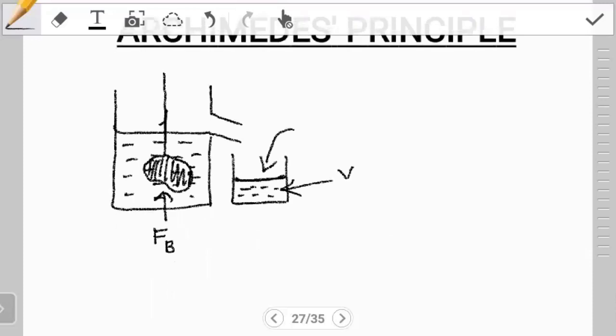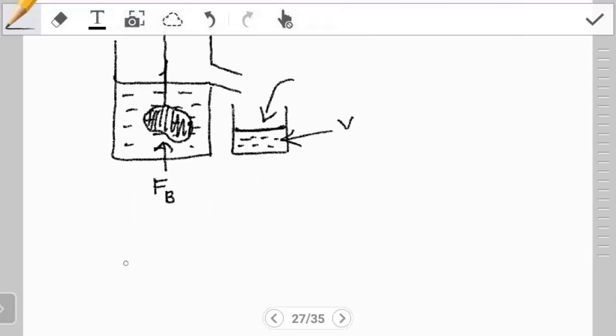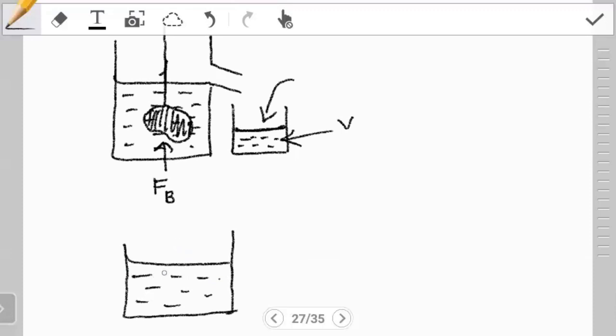Now, let's see what exactly happens for an object that is immersed in a fluid. If you have a container again that has a fluid inside, and then you immerse an object, this time partly, not fully, just partly.